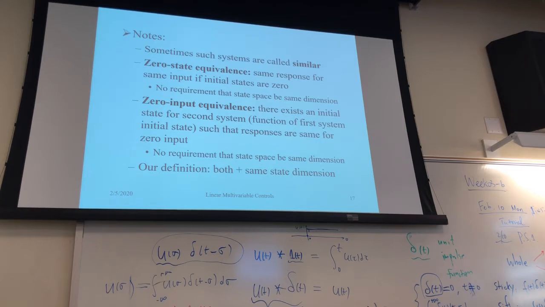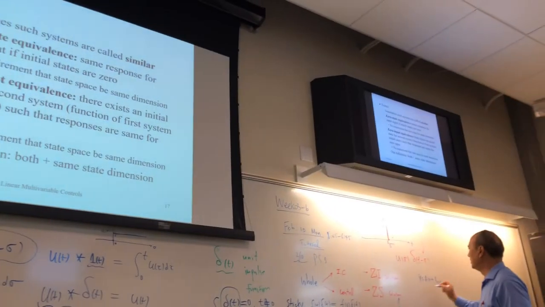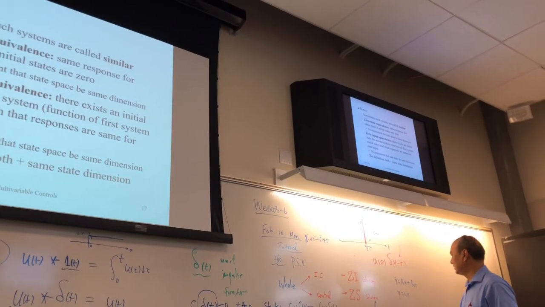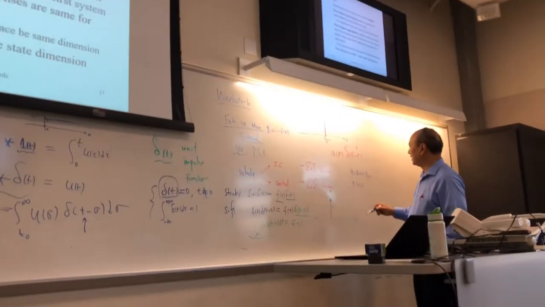In fact, if not the same dimension, it will be confusing. So I would like to say we are going to talk about the same dimension. What I'm talking about is, you have x dot is Ax plus Bu, y is Cx.